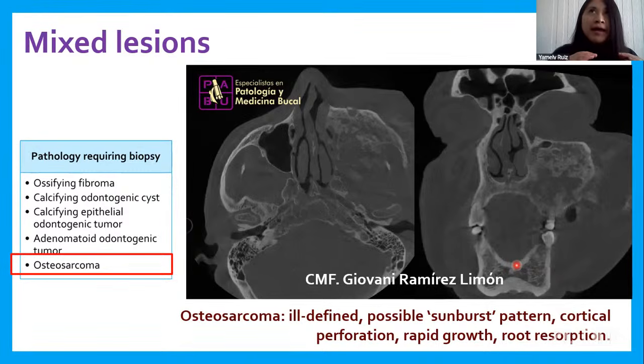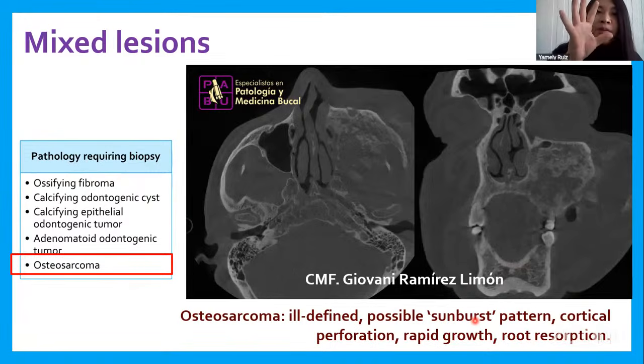In some views of the tomography, maybe in the axial cut or in some occlusal radiographies, sometimes it's possible to appreciate a pattern in the osteosarcoma. The pattern related with the osteosarcoma is described as a sunburst.